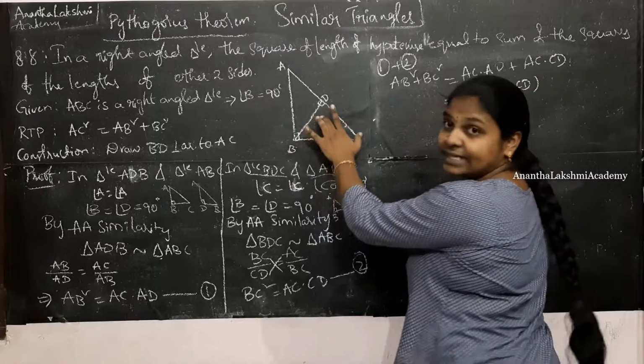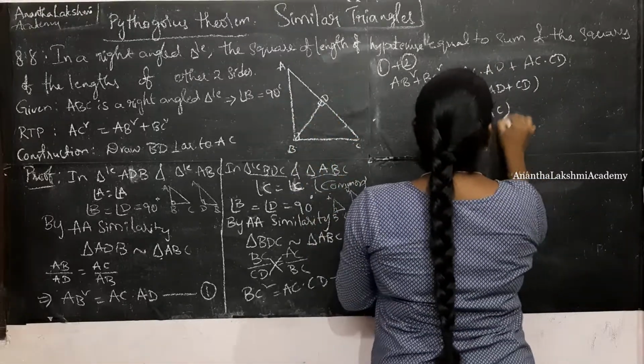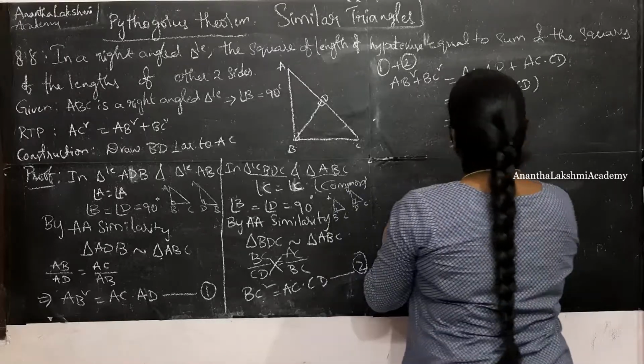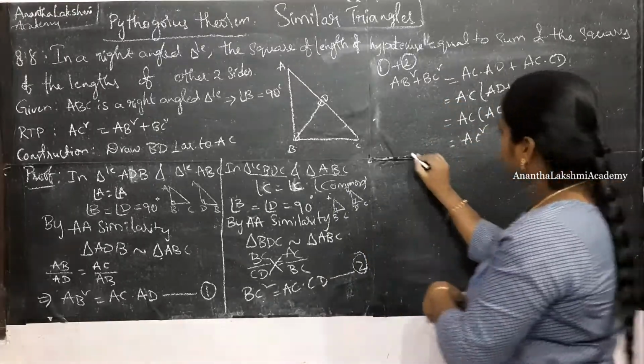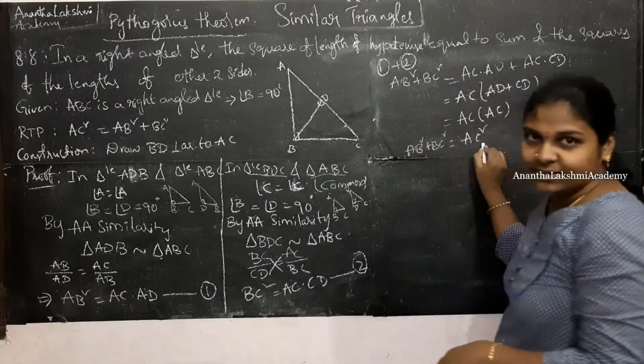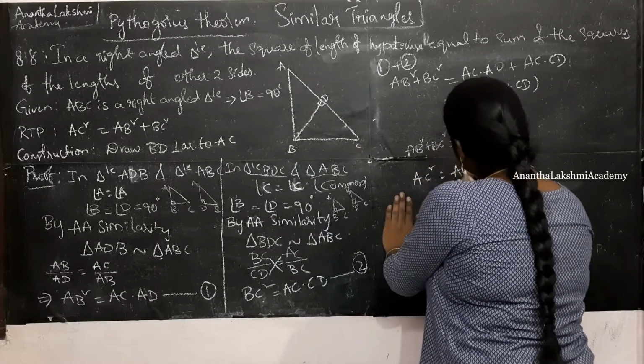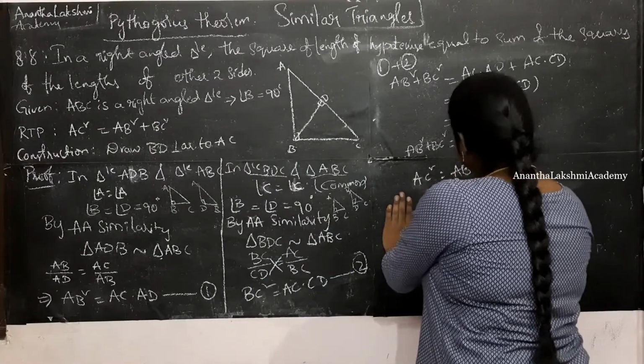AD plus CD is nothing but again AC. AC into AC becomes AC square. That is nothing but AB square plus BC square is equal to AC square. So, I am going to write it as AC square is equal to AB square plus BC square.